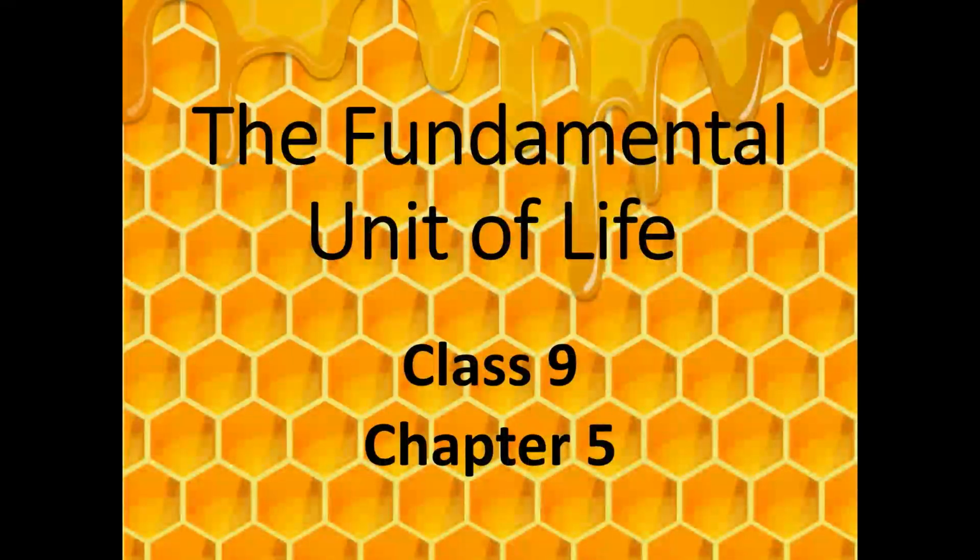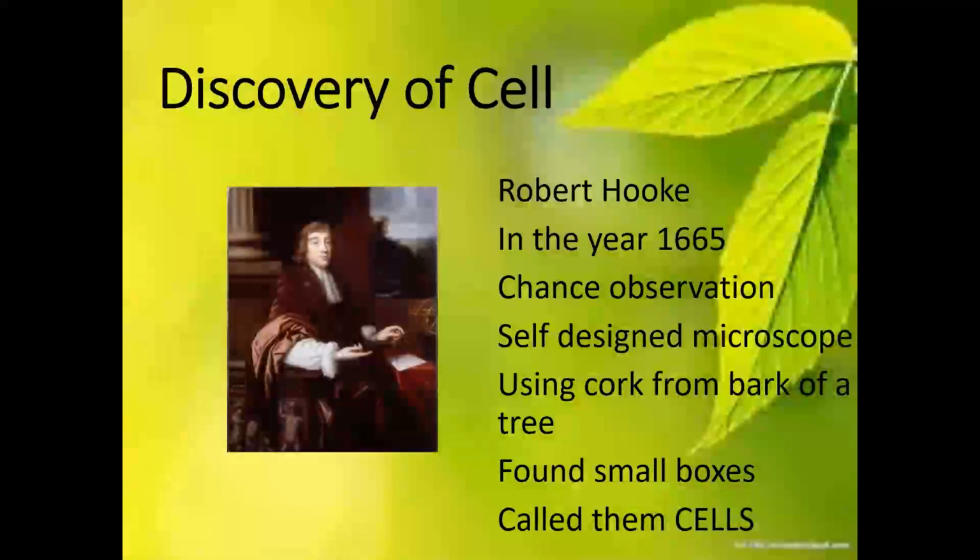It was in the year 1665 that Robert Hooke discovered this fundamental unit of living organisms, which later he called a cell. In the year 1665, he was observing a slice of cork using a self-designed microscope.